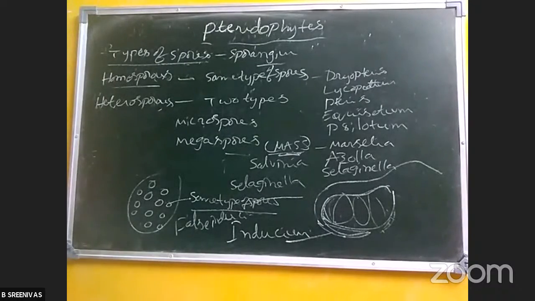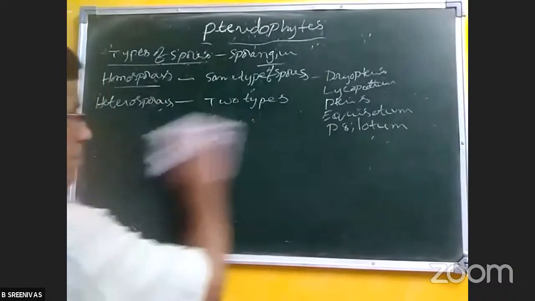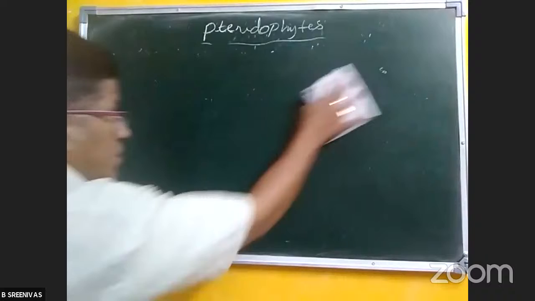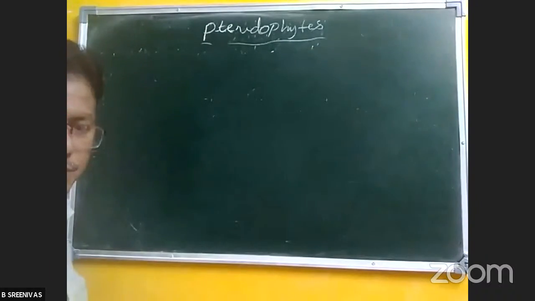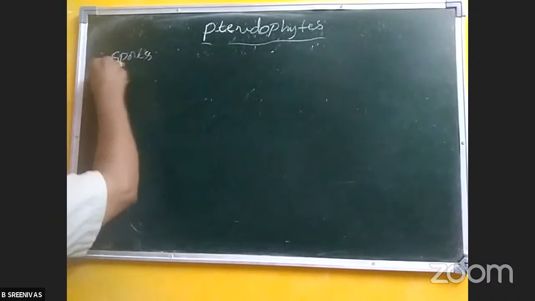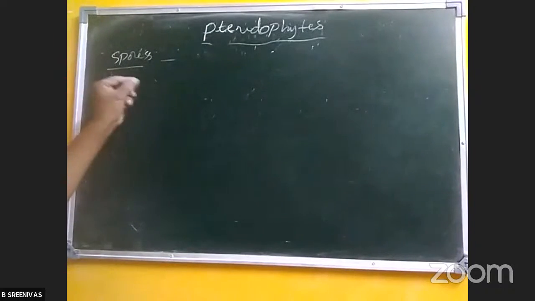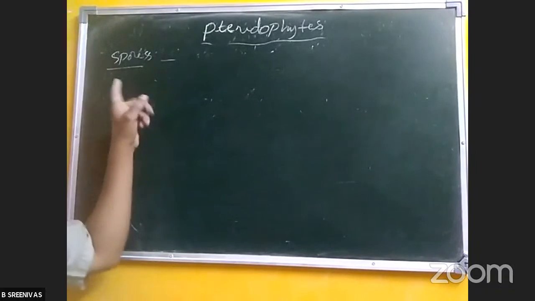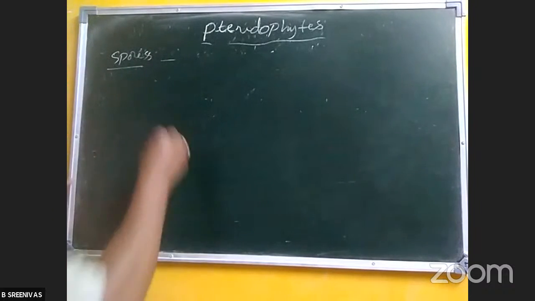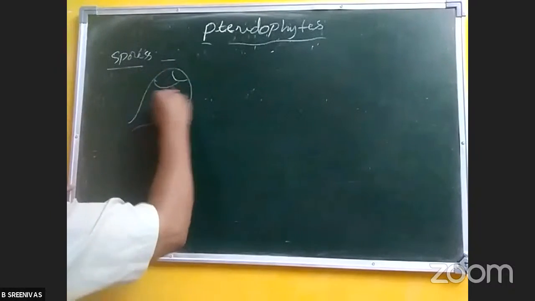So the next one is, spores are released when the sporangial wall breaks. So the spores are released. In the sporangium, sporogenous tissue is present.